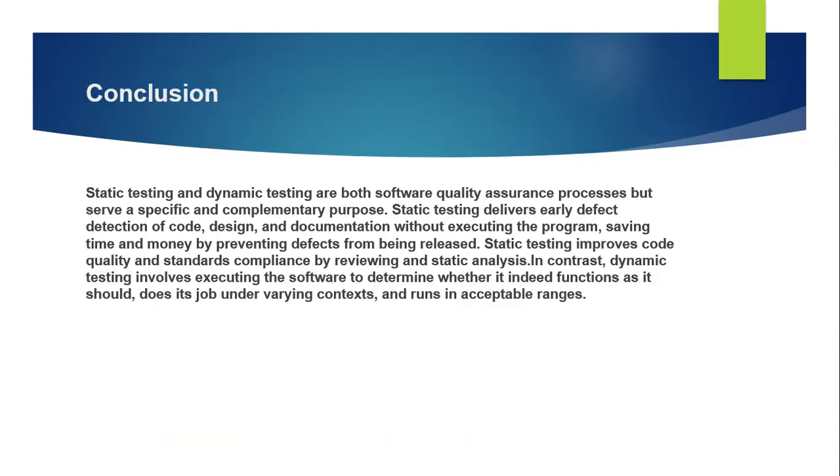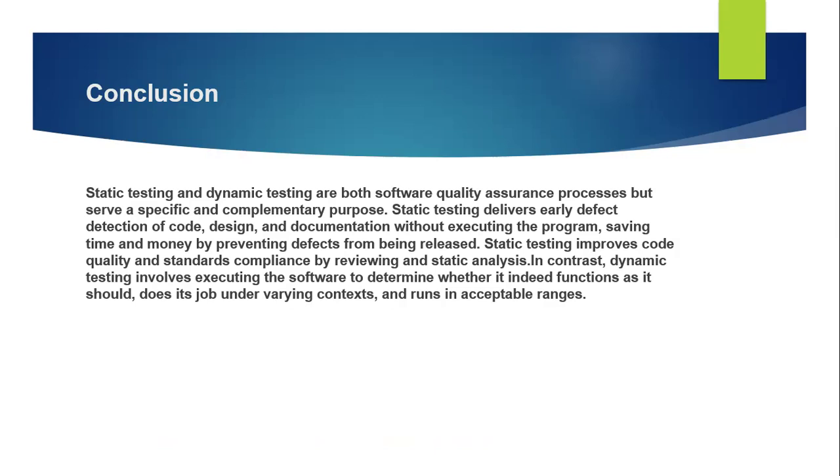Conclusion. Static testing and dynamic testing are both software quality assurance processes but serve specific and complementary purposes. Static testing delivers early defect detection of code, design, and documentation without executing the program, saving time and money by preventing defects from being released.